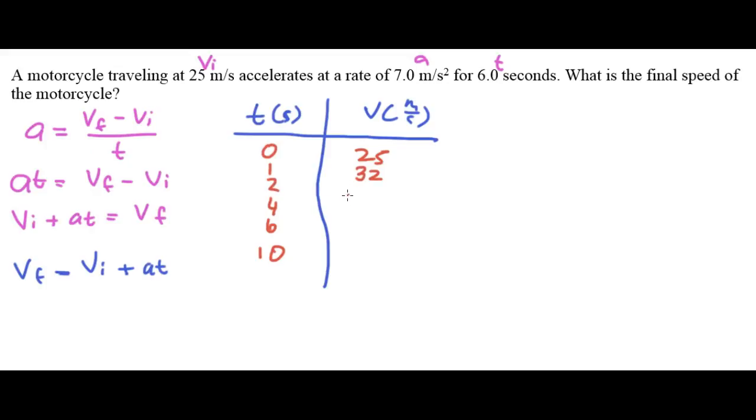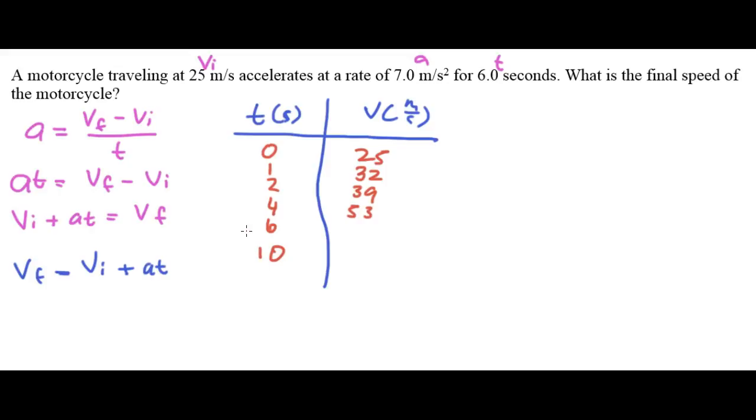Now after another second, it's going to go another 7 meters per second faster. So it's going to go at 39 meters per second. After 3, another 7, so it's going to be 46. After 4, it's going to be 53.